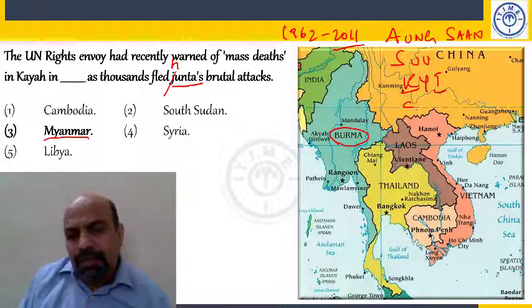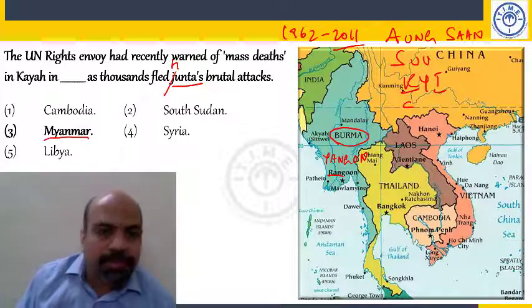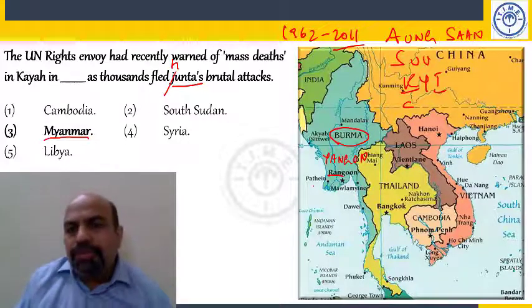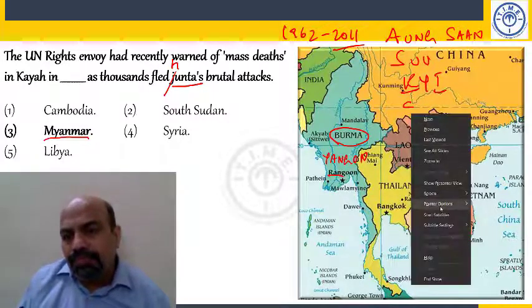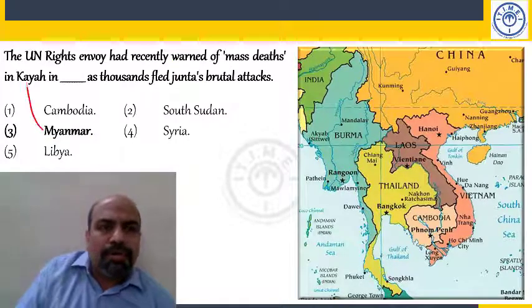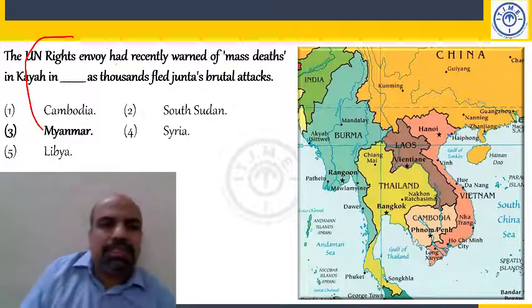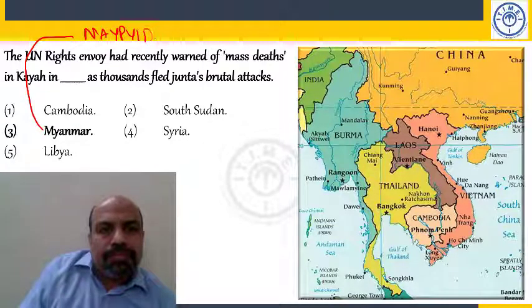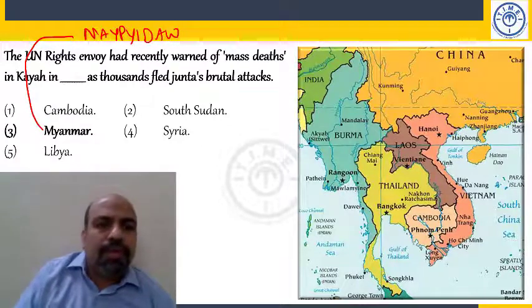This is now called Yangon, not Rangoon. Just to tell you, for Myanmar, I'll just talk about the capitals, okay? Naypyidaw is the capital.